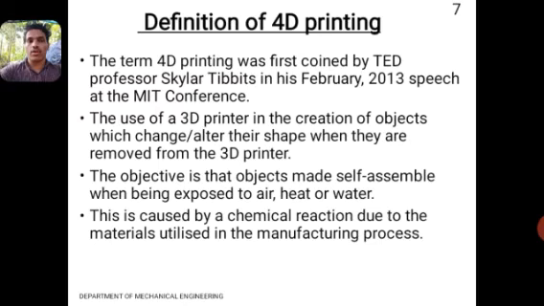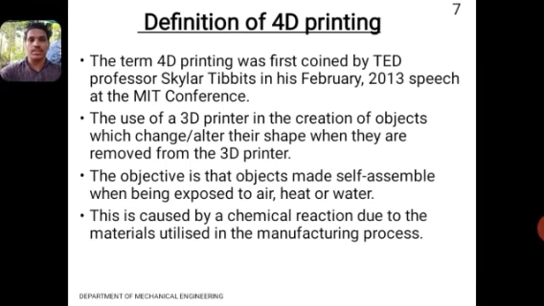Definition of 4D printing. The term 4D printing was first used by Skylar Tibbits in his speech at the MIT, of a 3D printer in the creation of objects which change or alter their shape when they are removed from the 3D printer.